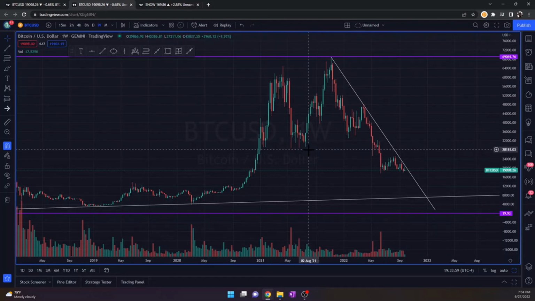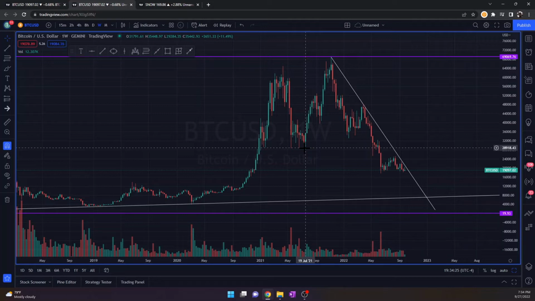When you hover over a candlestick, we can see that this particular candlestick opened at $31,791. Its high was $35,448 and some cents, and its low was at $29,286.